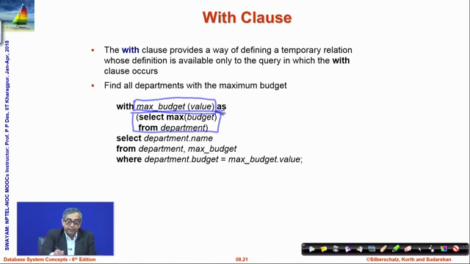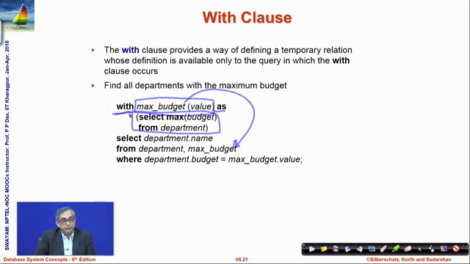So, this is renaming. You can see the renaming is being used in very interesting ways. So, this is my nested query that gives me a relation, and this is my definition of the relation. So, max_budget now is a temporary relation, a relation that I use subsequently in my from clause, and with allows me to do that.